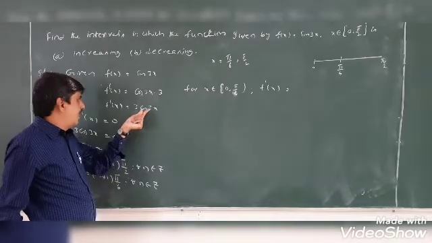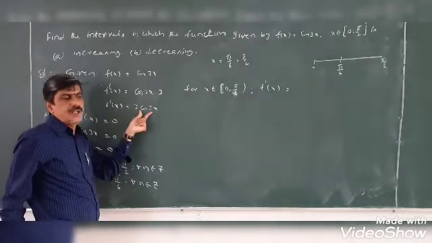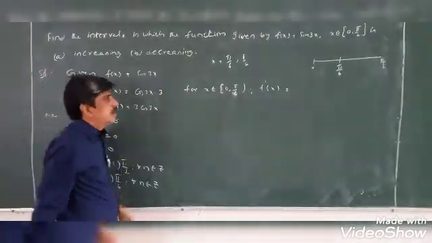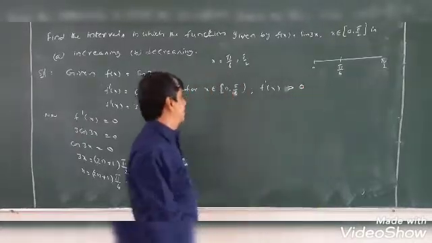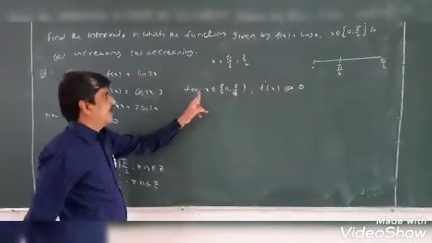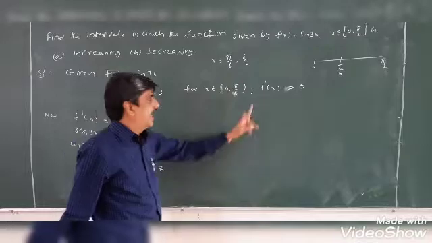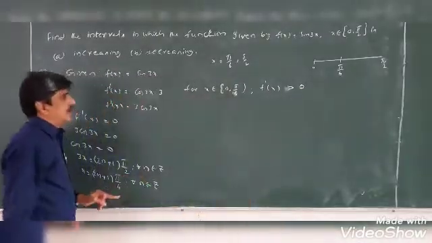In the first quadrant cos is positive. So f dash x is greater than 0 for x belongs to 0 to pi by 6.